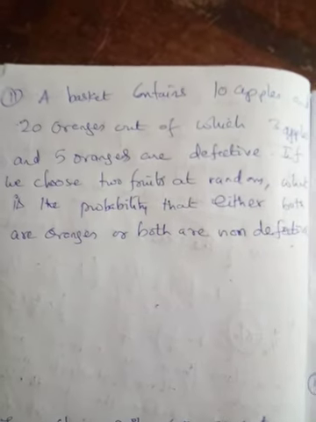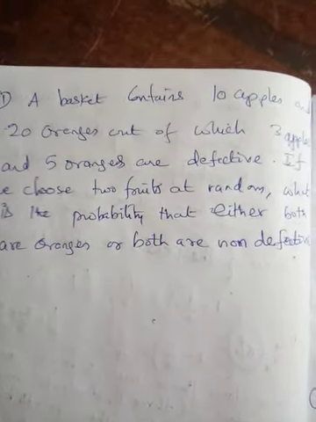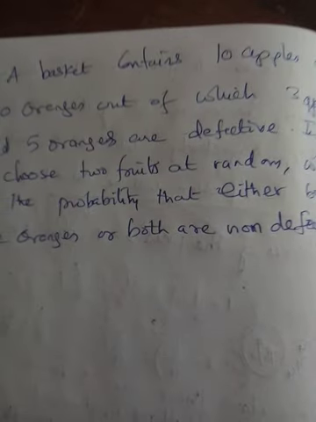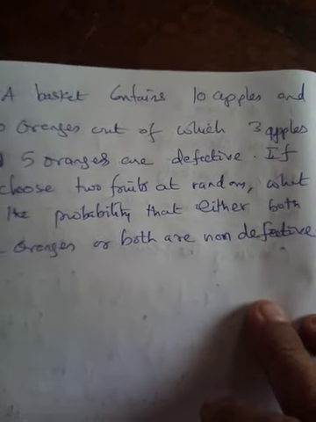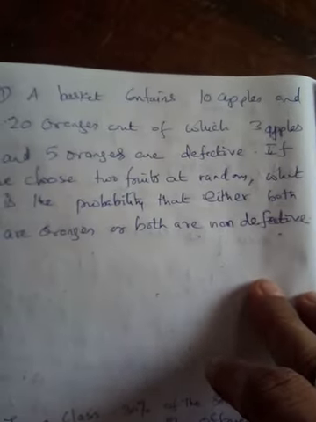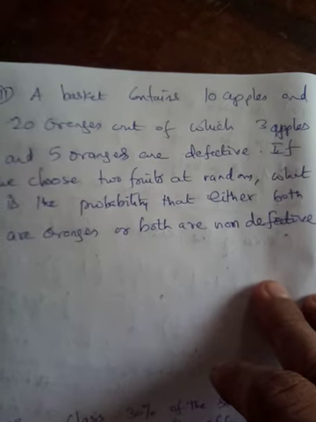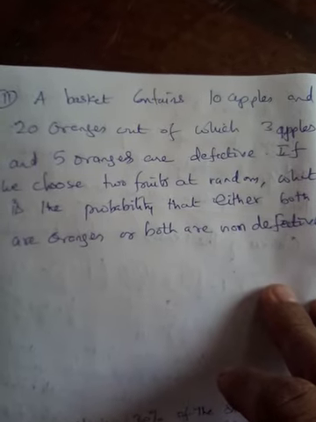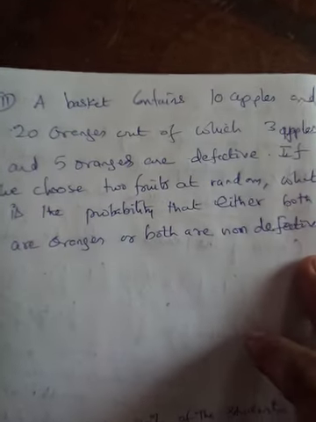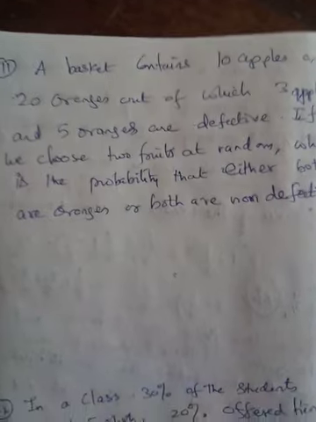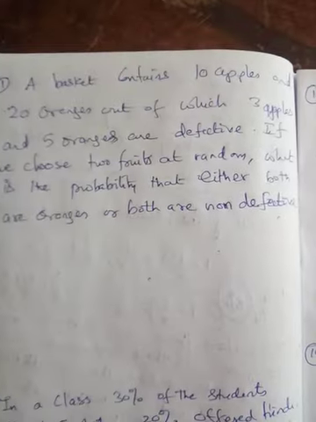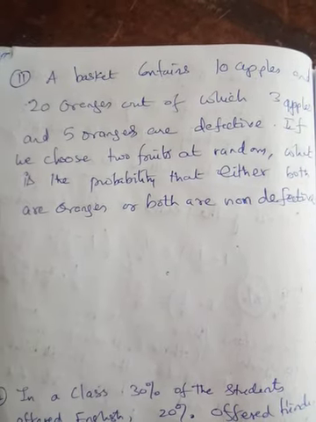A basket contains, very important question. Let us check it. A basket contains 10 apples and 20 oranges, out of which 3 apples and 5 oranges are defective.